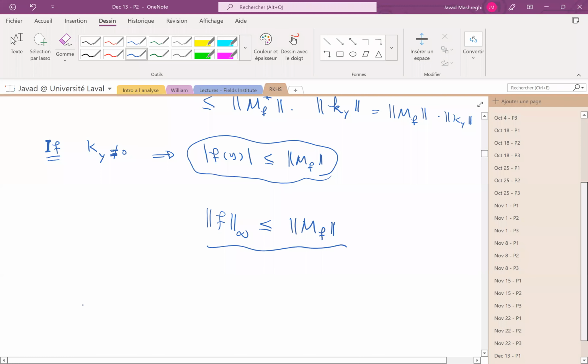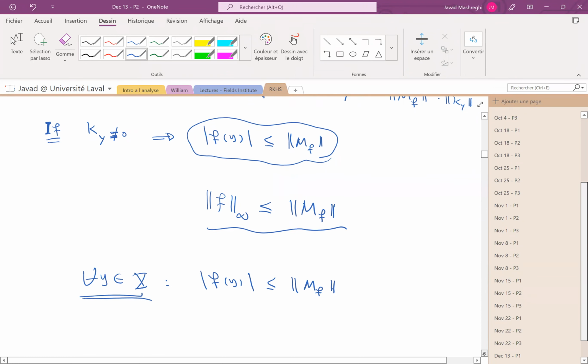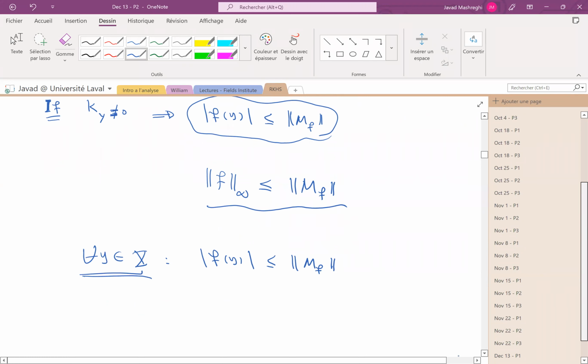Instead of this, I prefer to write for all y in the space X, |F(y)| is less than or equal to the norm of F. And again, why I write for all y, because in the spaces we consider, like Hardy, Dirichlet, Bergman, K_y is always not equal to 0.